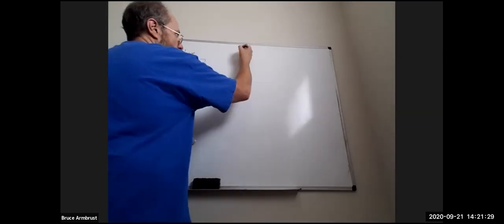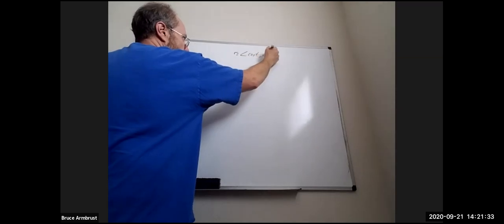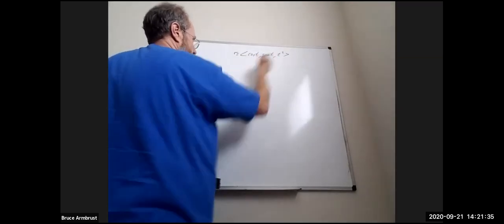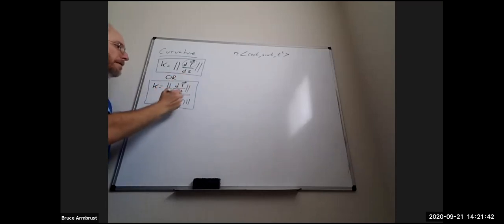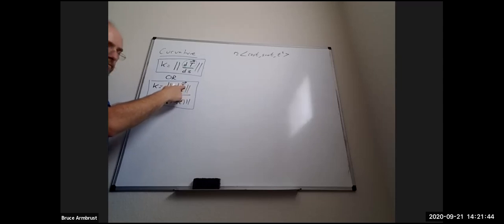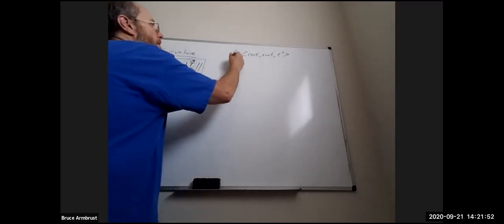So let's go back to that guy where r was cosine t, sine t, t squared. What we need to do is find the unit tangent vector so that we can differentiate it. We need to find r prime so we get its magnitude. So let's get r prime.